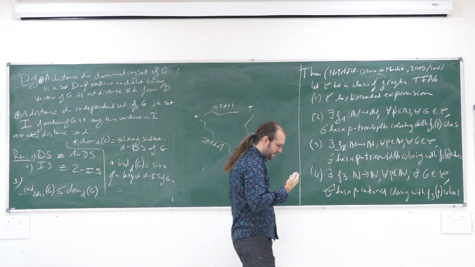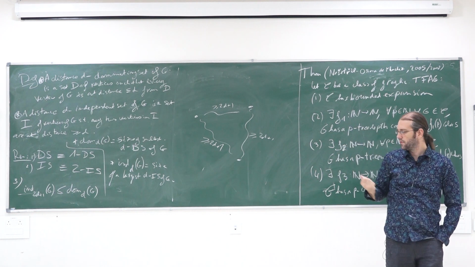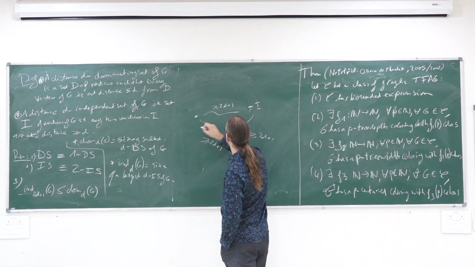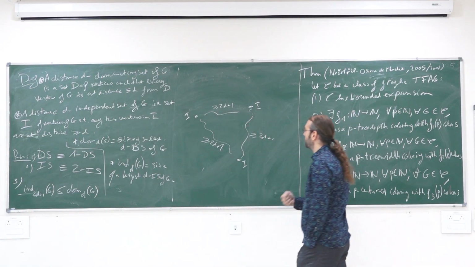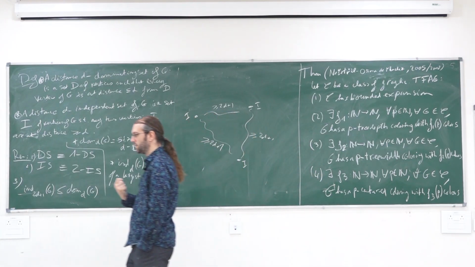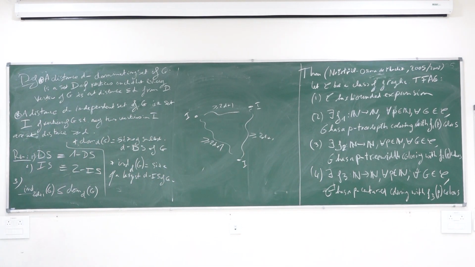Now you're looking for a dominating set at distance d. A vertex of your dominating set can dominate just one of them, right?